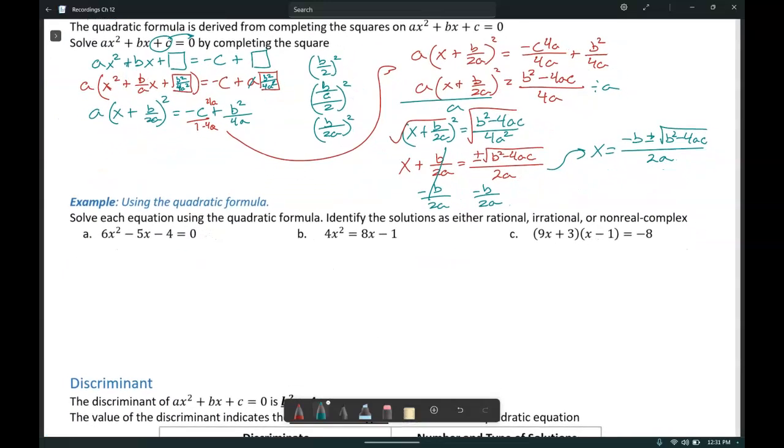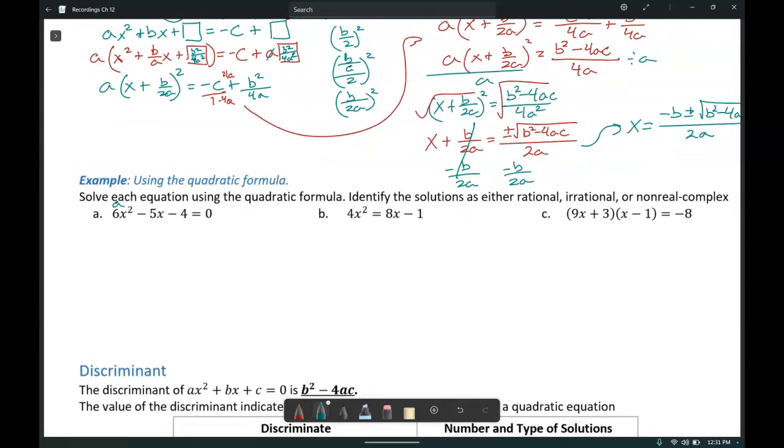Now that we have our quadratic formula, we can use it to solve each equation. We'll also identify the solutions as either rational, irrational, or non-real complex numbers. So we have our values of a, b, and c as long as our equation's in standard form. A equals 6, b equals negative 5, c equals negative 4. So negative b plus or minus the square root of b squared minus 4 times a times c all over 2 times a.